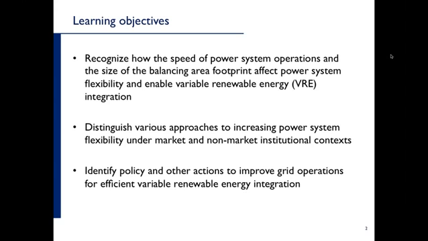Others have various forms of regulated or even state-owned utilities. And of course, there are systems that have a combination of all those things. So we recognize those differences, but we want to take a look at different approaches that could be applicable in different institutional contexts. And then we'll talk about some other actions that can help improve grid operations.